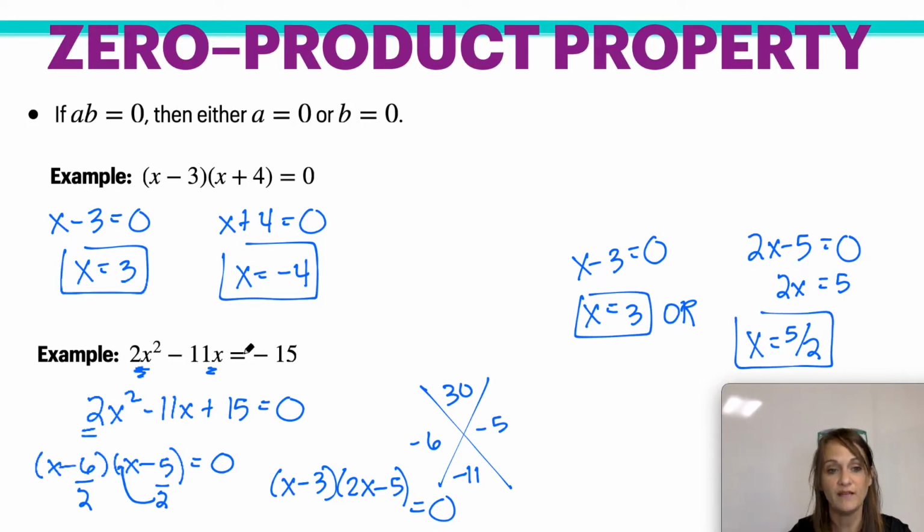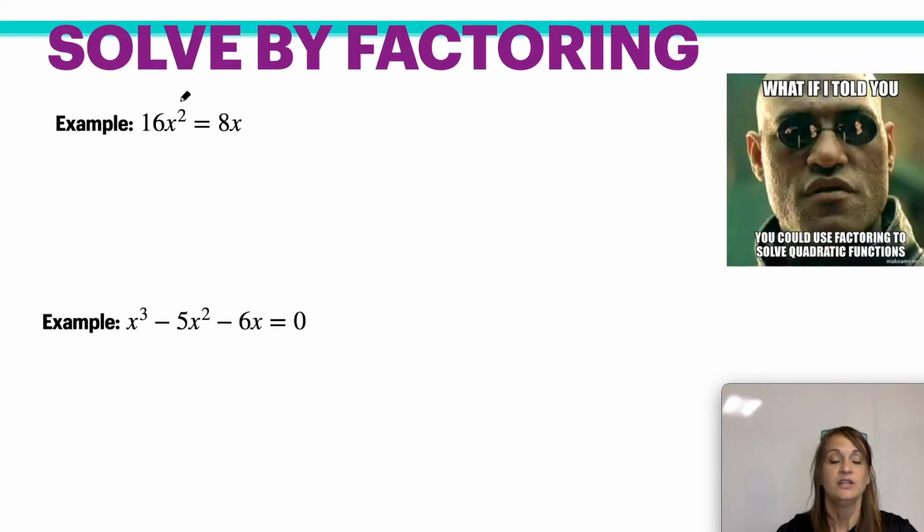If you were to graph this, once you set it equal to 0, it would cross the x-axis at 3 and at 2.5, which is 5/2. Now to solve by factoring, you might want to do something like, well, if I divide both sides by 8x, I will get 2x equals 1 because the x squared over x cancels.